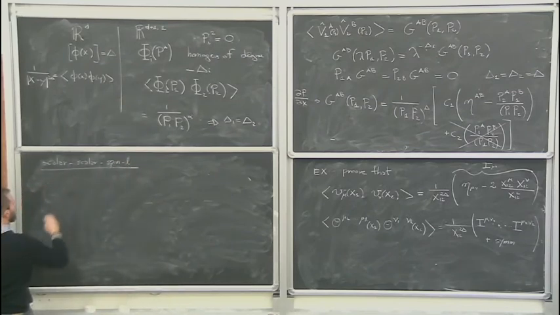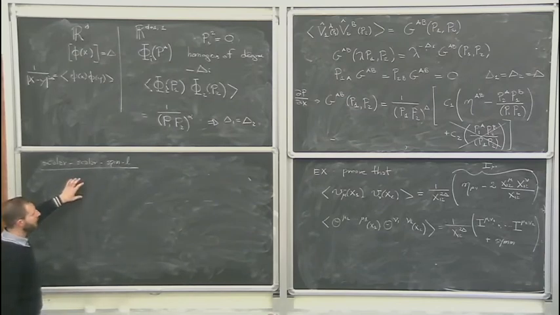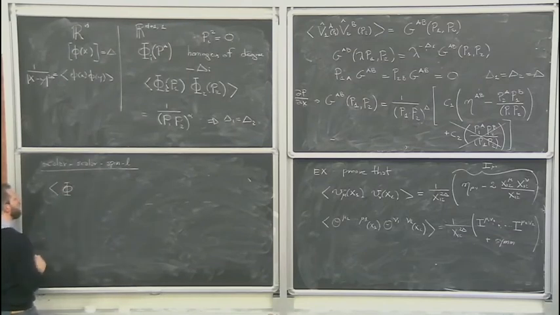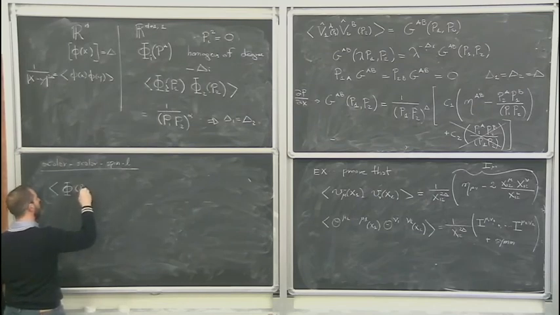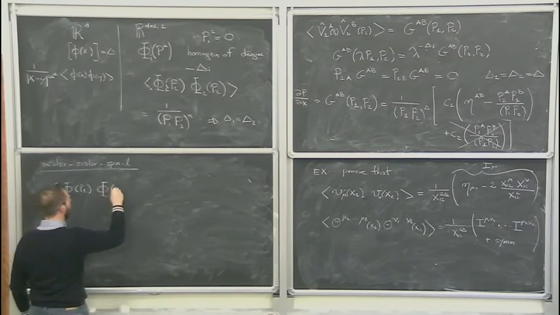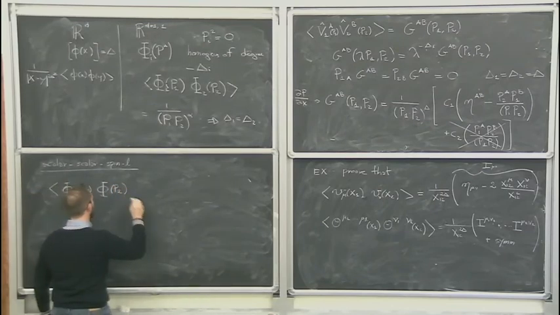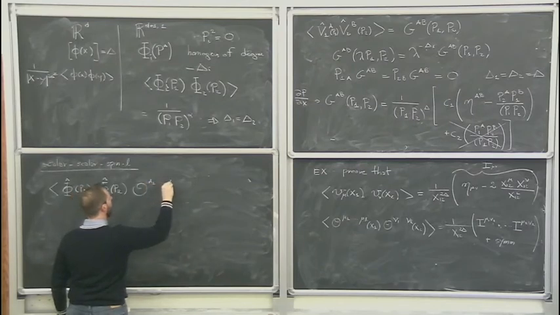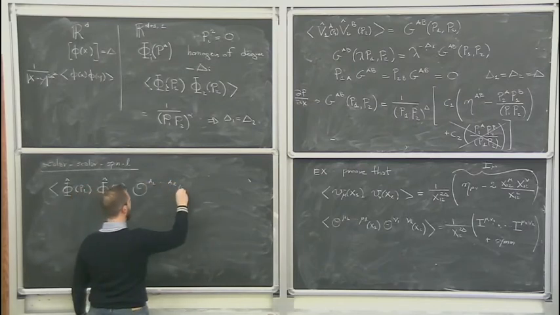And let me just go to the embedding operators directly, and this corresponds to computing the correlation function of a scalar operator in the embedding space, which I call phi of P1. For simplicity, you can take the same operator, phi of P2, and then an operator O with L indices, A1 through AL, that depends on P3.